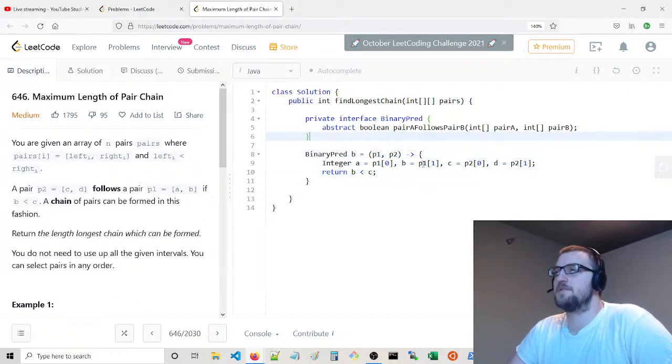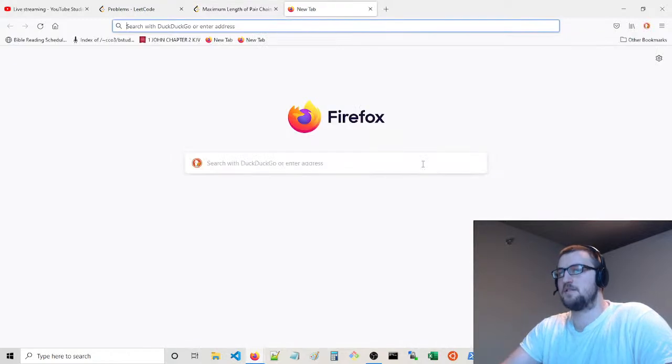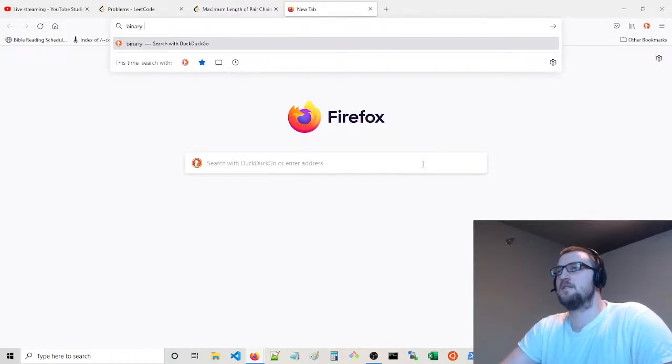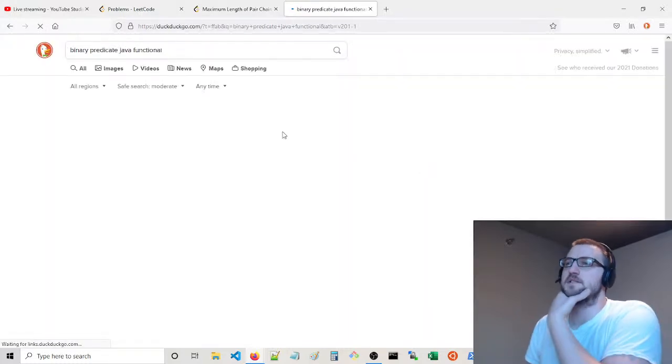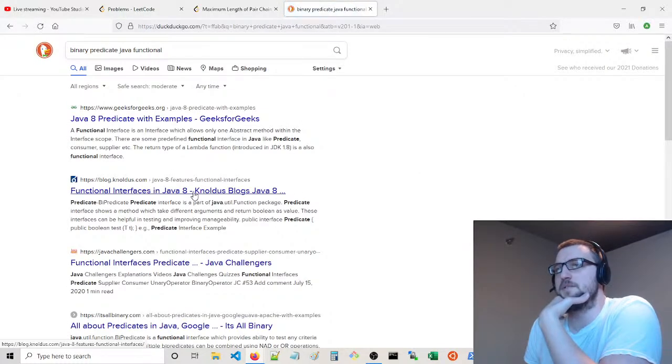I think the functional interface has a binary predicate. So we don't actually need to write our own interface.